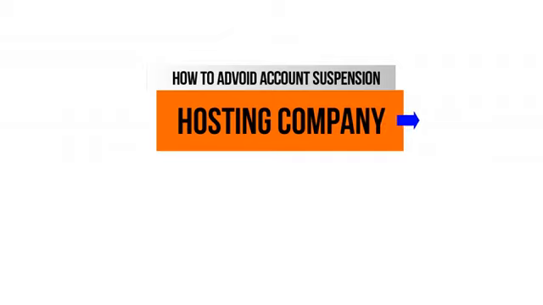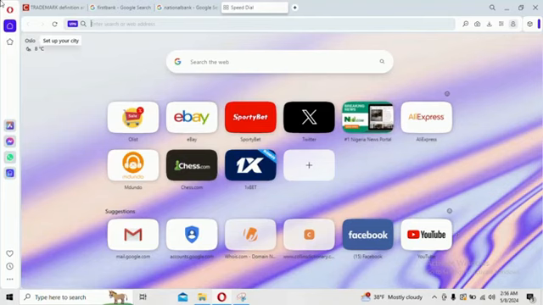Then I'm going to recommend a good hosting company for you, which you can use to host your website and have peace of mind without the fear of account suspension. But we're going to see other factors we're also going to consider. The hosting company I'm going to refer to you is Sagacious Tech.